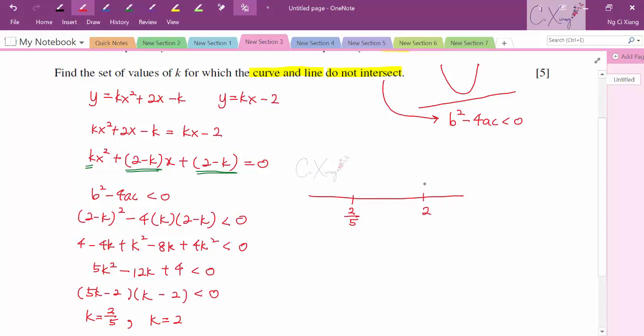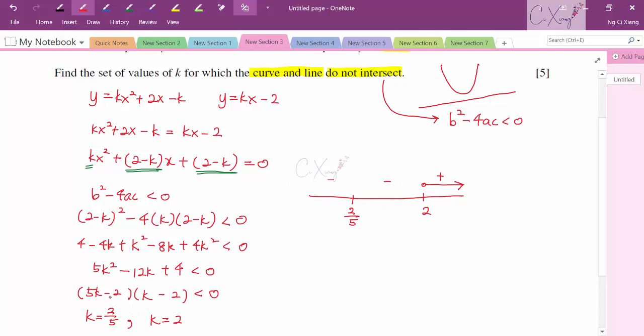So for the bracket k minus 2, it will be positive when the value of k is greater than 2. So this is positive. For the bracket k minus 2, this is negative and this is negative. If you substitute any value from this part into the bracket k minus 2, it will become negative. Therefore, I put a negative here.